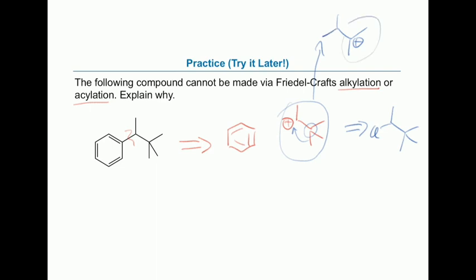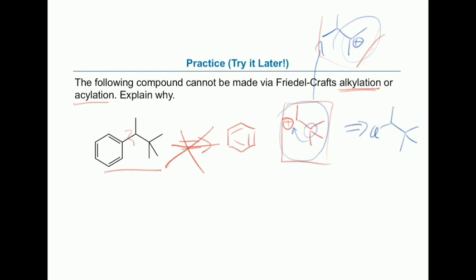So this tertiary carbocation would be the major thing that actually couples. So trying to do alkylation to make it is an issue, because the carbocation we're trying to make happens to be related to a much more stabilized carbocation that we'd have to generate. So this route fails just because we can't access the electrophile we're trying to form.